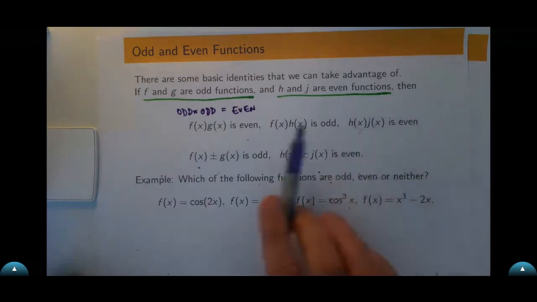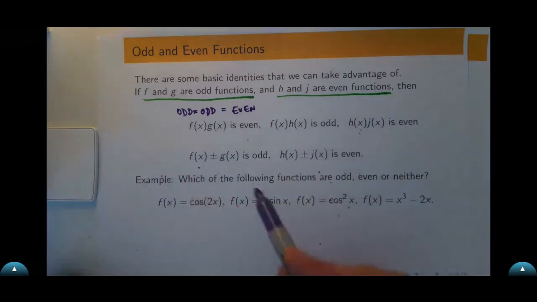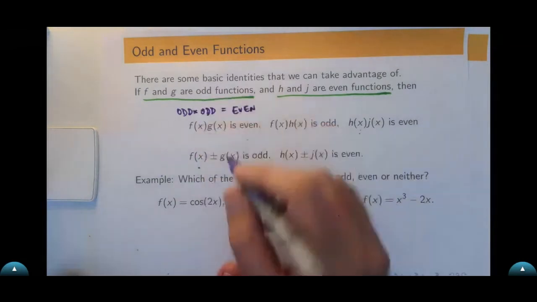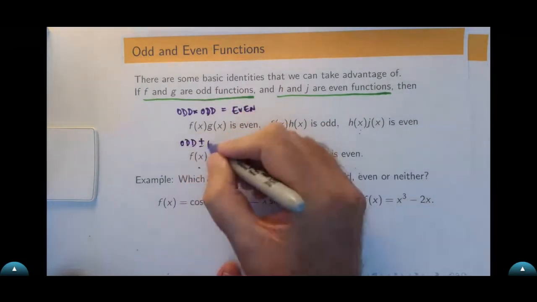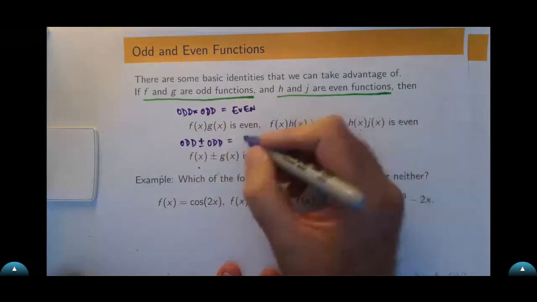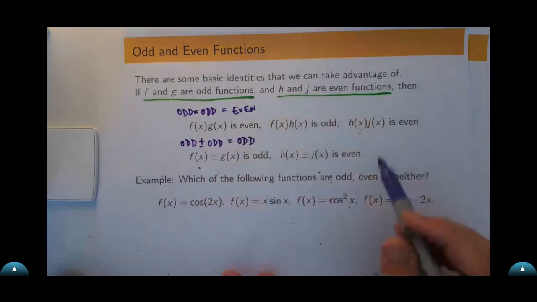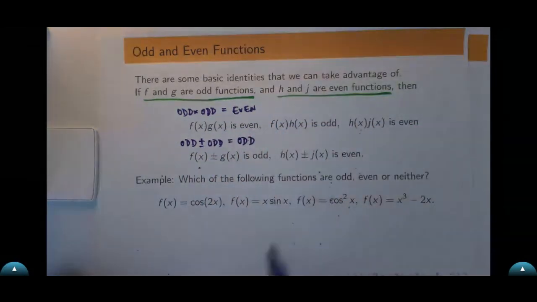There are various different combinations here that you can look at. Let's say f and g are odd. So odd plus or minus odd gives you an odd function. And there are other ones as well.